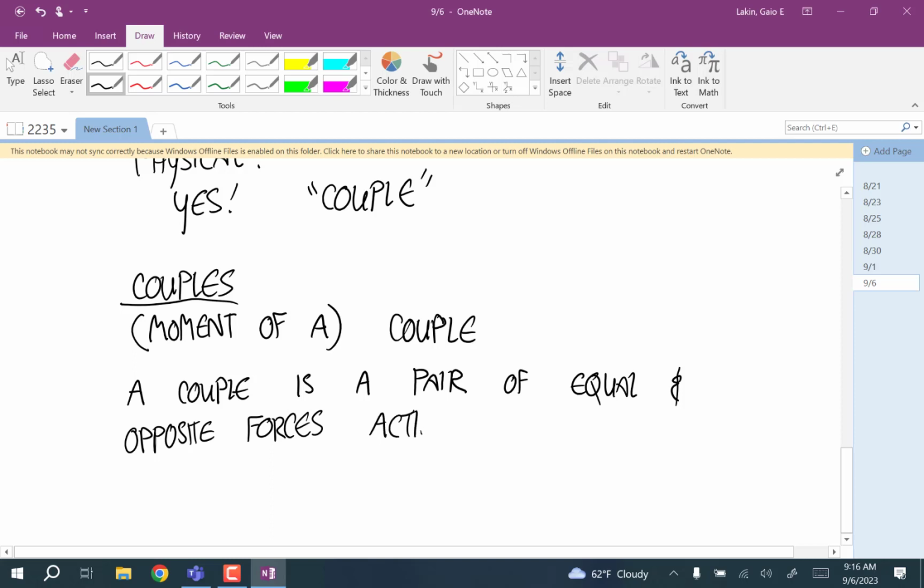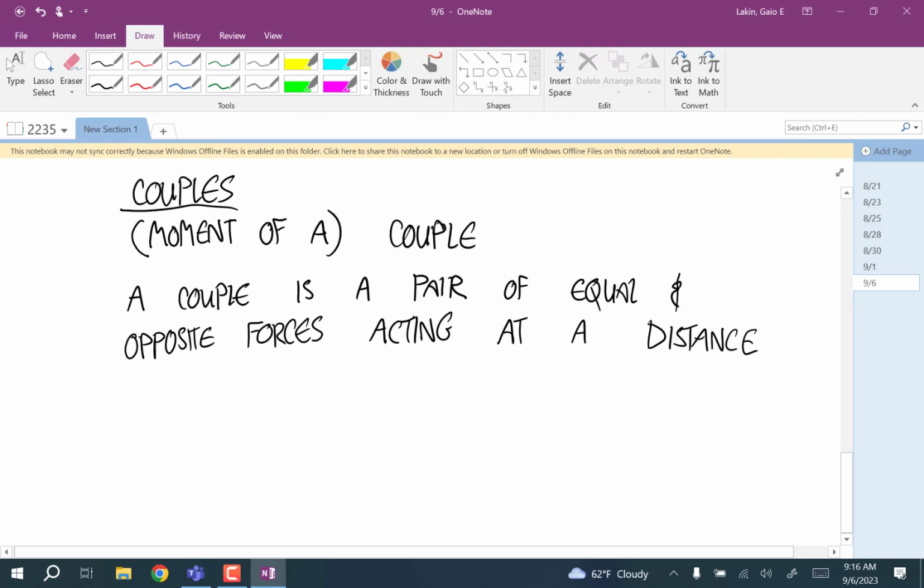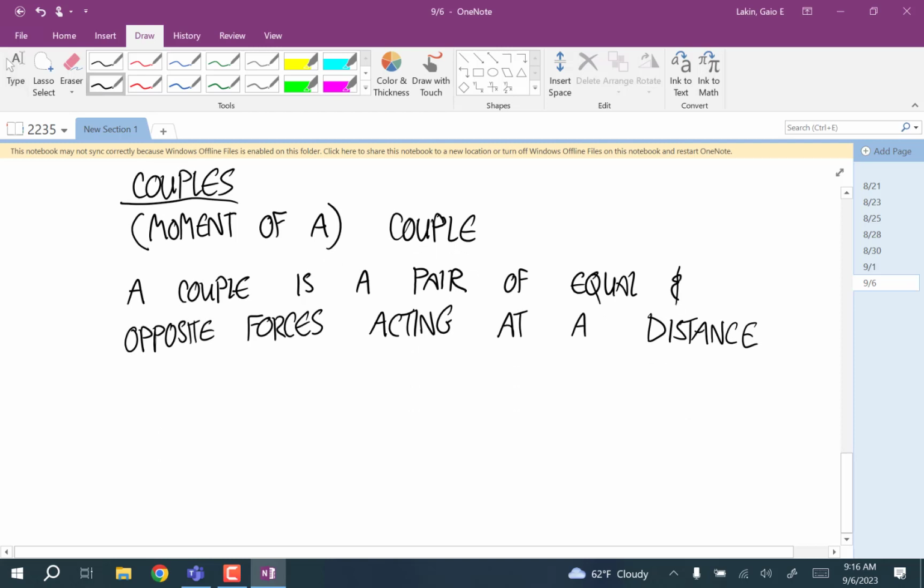So if you have a body like this, and you apply a force F that way, and somewhere else you apply a force F in the exact opposite direction, that's a couple.